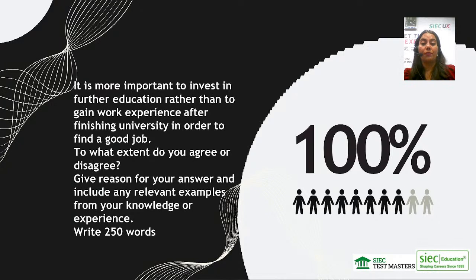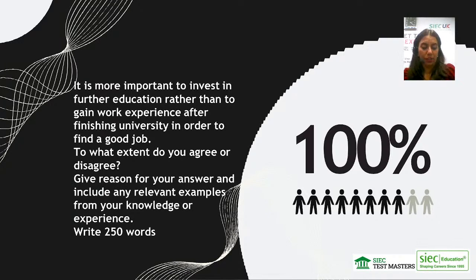He's saying rather than, which means instead of, gaining work experience after finishing university in order to find a good job. Now, we have understood that the first keywords are education, invest, work experience, right? Now, we might even have further keywords, maybe university, good job.